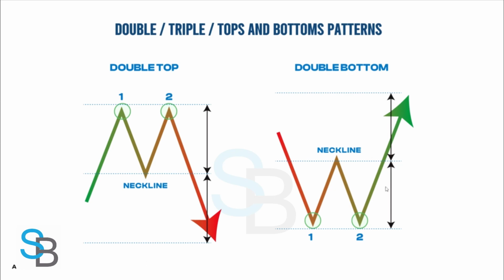Then if it breaks this neckline region, we are predicting that the market will come to a level that is approximately the same as the distance from the neckline to the low of the double bottom.